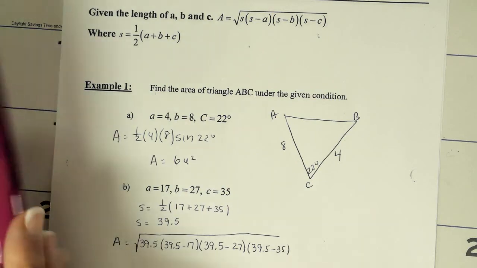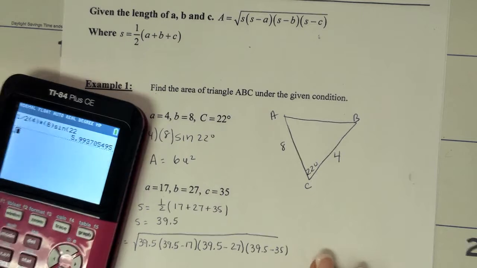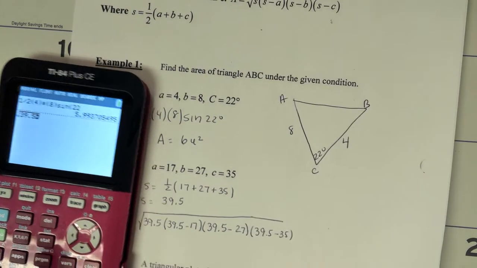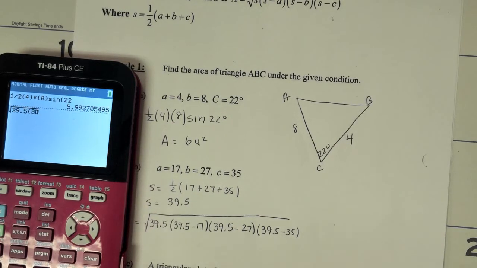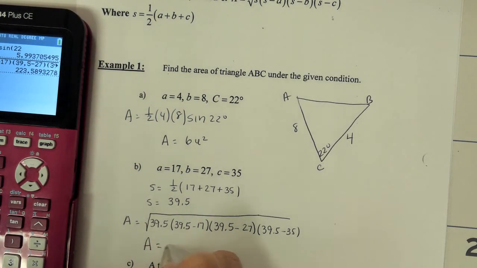Type that into your calculator: square root of 39.5. You're going to want to use parentheses. Parentheses 39.5 minus 17, close parentheses, open another one, 39.5 minus 27, close your parenthesis, open a new one, 39.5 minus 35, close, enter. We're rounding to the nearest tenth, so that area would be 223.6 units squared.